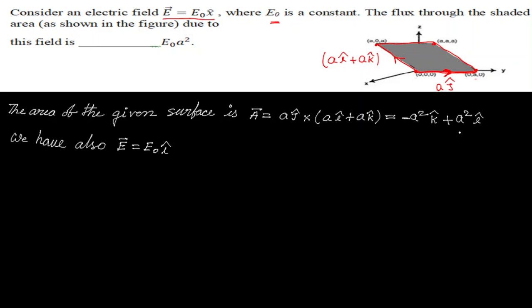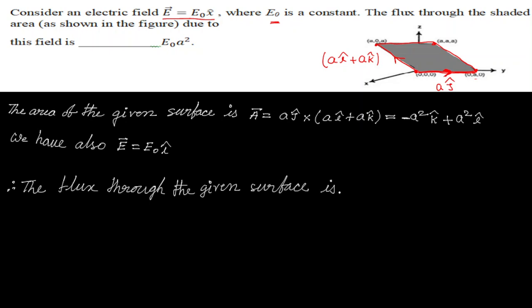Now we have also calculated the area of the given surface. So what will be the total flux? Therefore the flux through the given surface, phi, is equal to simply the dot product of the electric field and the total area vector of the given surface.